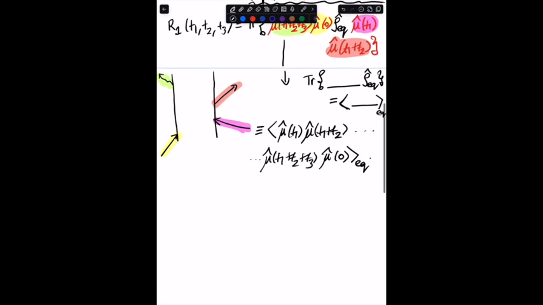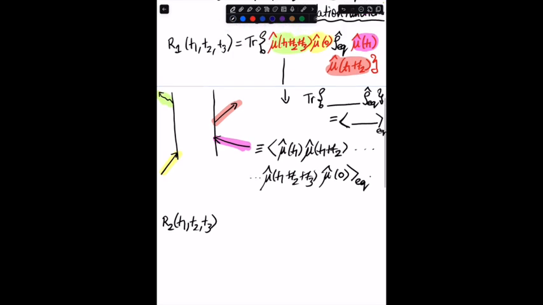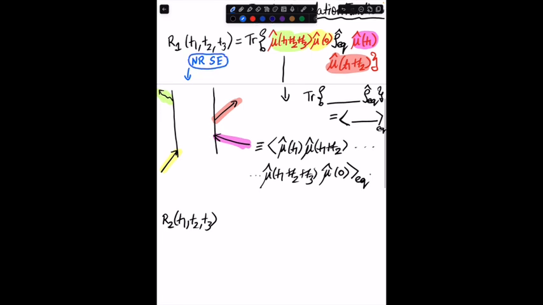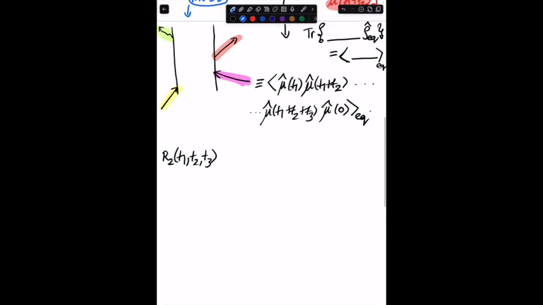equilibrium. Likewise, let us reconstruct R2. So this would contribute to your non-rephasing stimulated emission process, and R2 would contribute towards your rephasing stimulated emission process, but we are not discussing any of that right now.